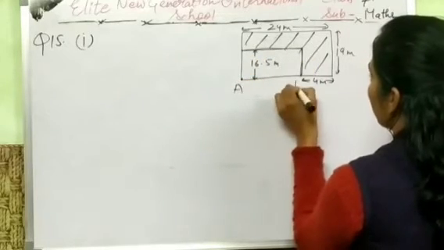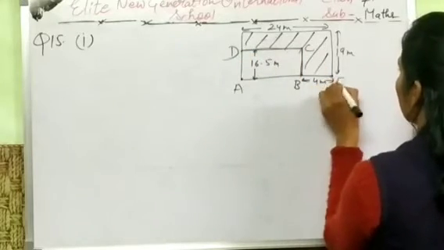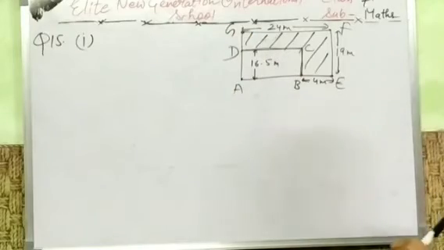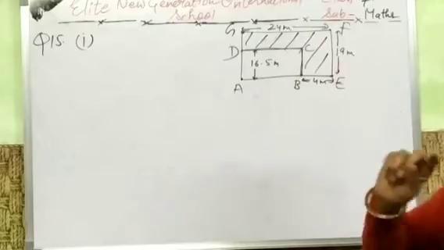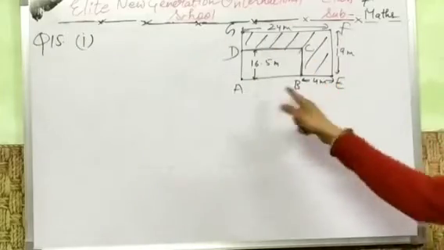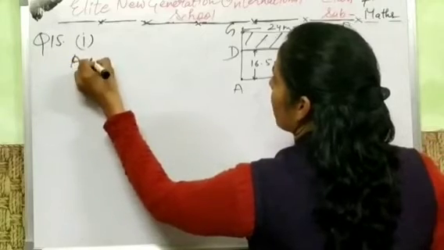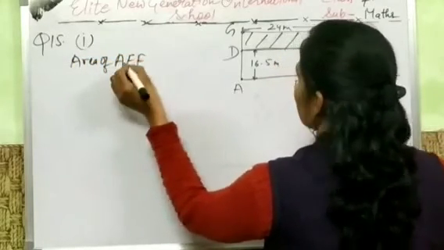Let's take here A, B, C, D points, and here E, F and G. Now, to find the area of this shaded region, first of all, we have to find the area of this rectangle AEFG. Dimensions are already given.